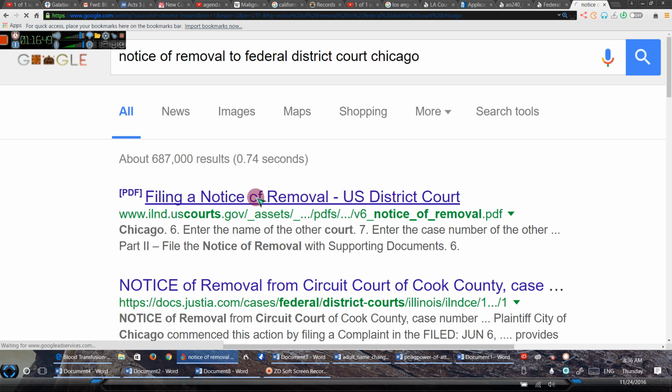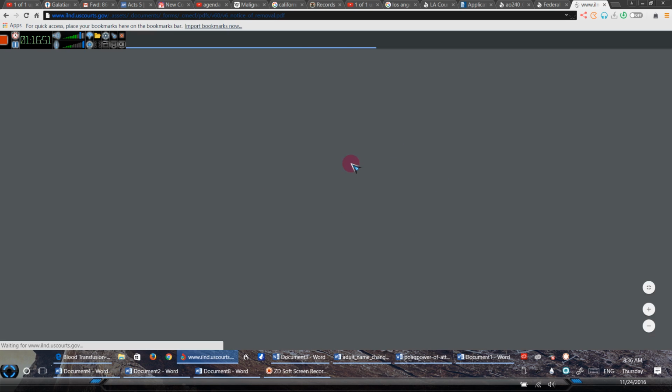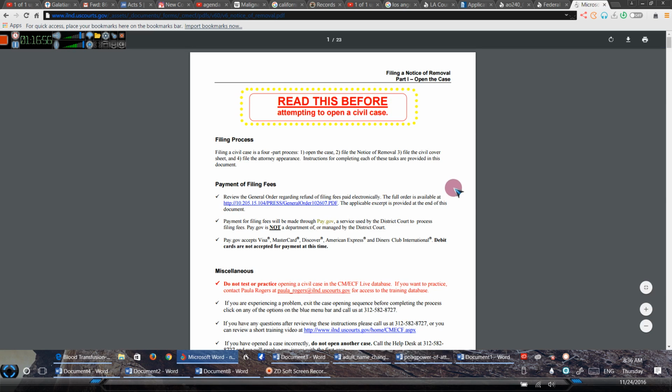Okay, let's do this. This is the PDF showing what's required. Now I want you to pay attention, all of you. It says read this before attempting to open a civil case. Filing process, payment of fees, miscellaneous. Do not test or practice openly a civil case live database.